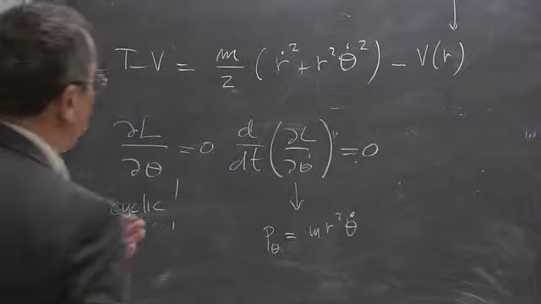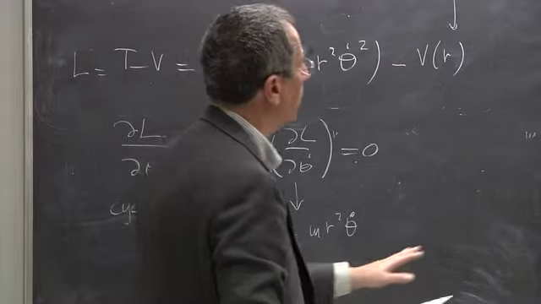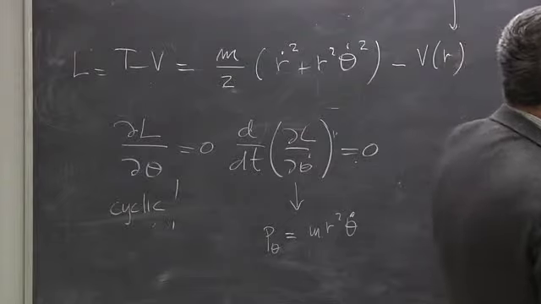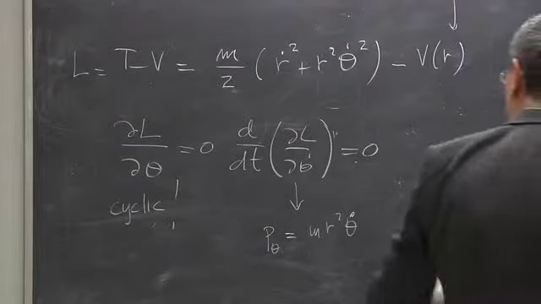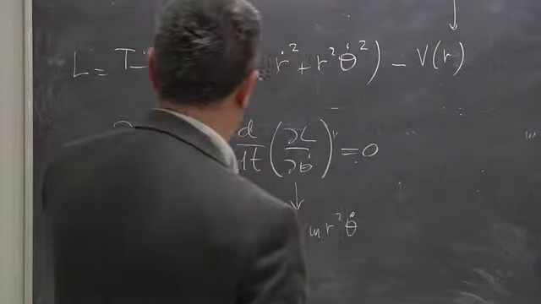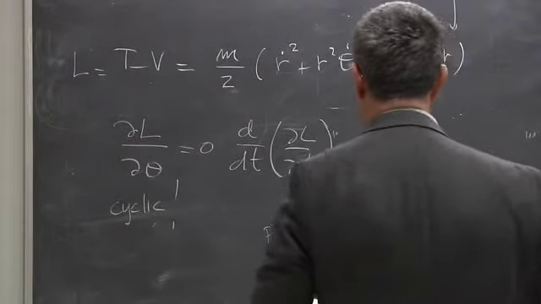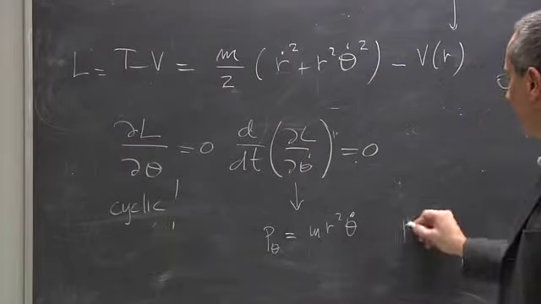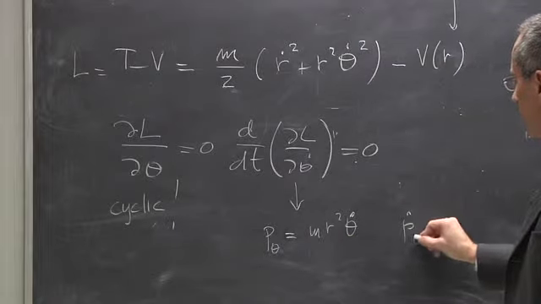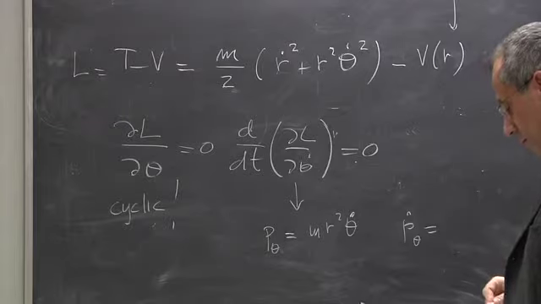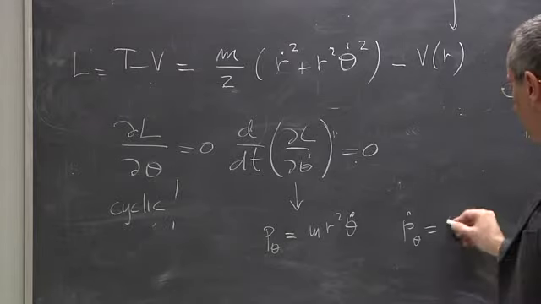And so this is the remaining third component of the angular momentum that is conserved, that 2 I've used here, and 1 I'm using here. So the equation of motion for this is trivial. It's just this one. P dot theta is simply 0.